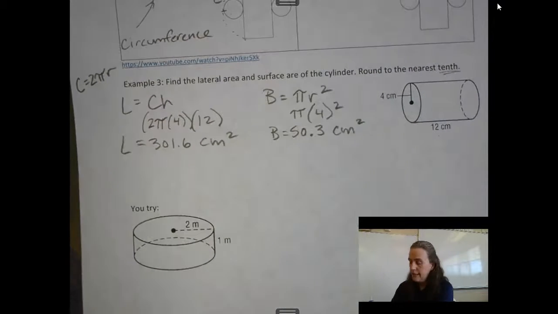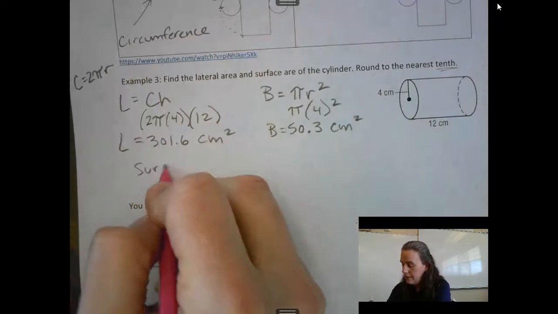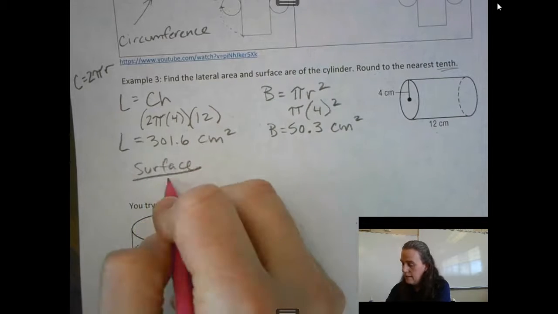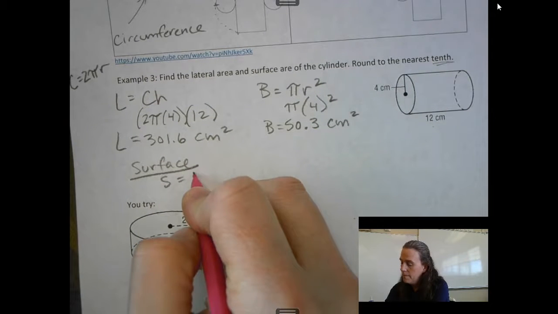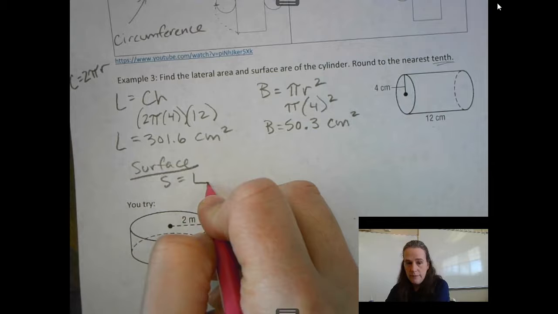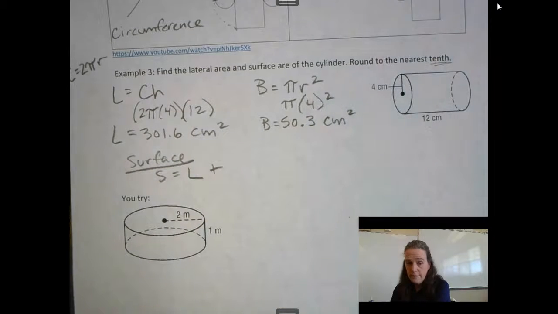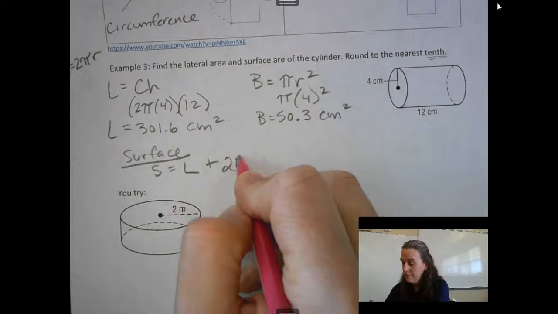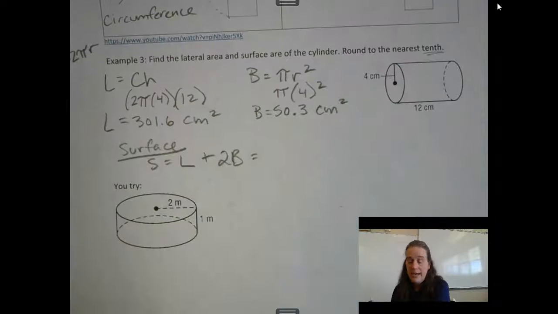Okay, we're ready to put this all together then. Surface area equals lateral area plus 2 of the bases. And we already have these numbers.